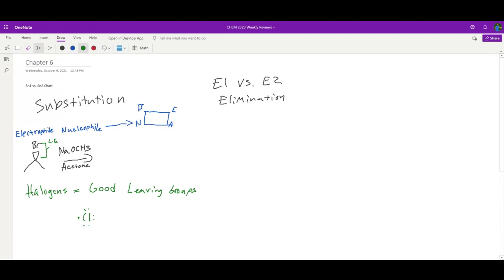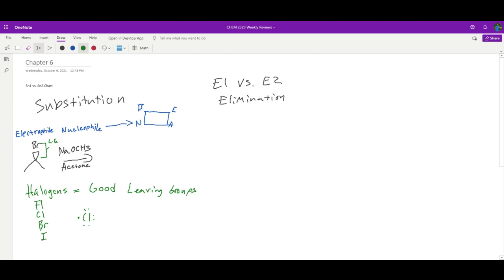I'm not exactly sure if this is the right way of thinking about it, but this is how I make sense of it. And as a reminder, your halogens are fluorine, chlorine, bromine, and iodine. All of these are good leaving groups.